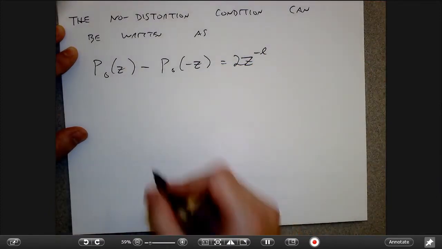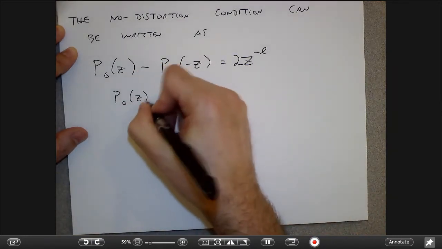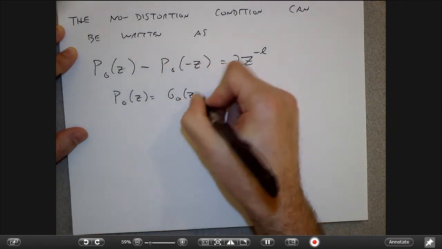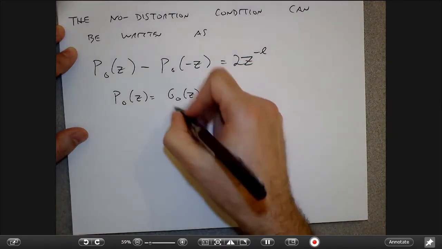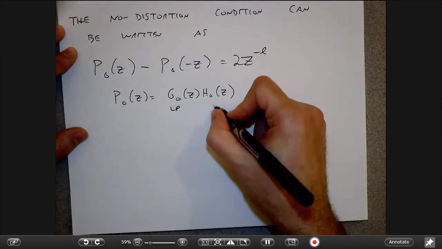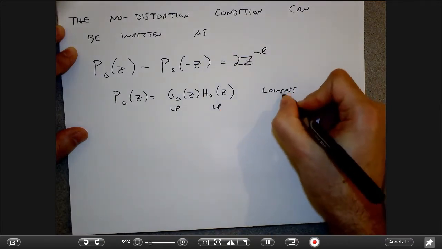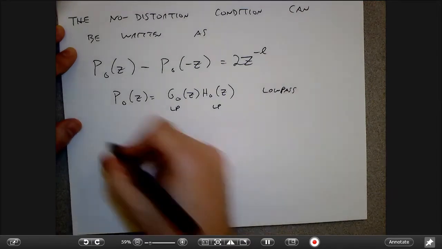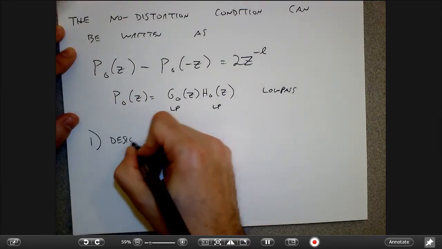Remember that P0 of Z is equal to these two things, and by definition this is a low-pass filter, this is a low-pass filter, so this is also a low-pass filter.